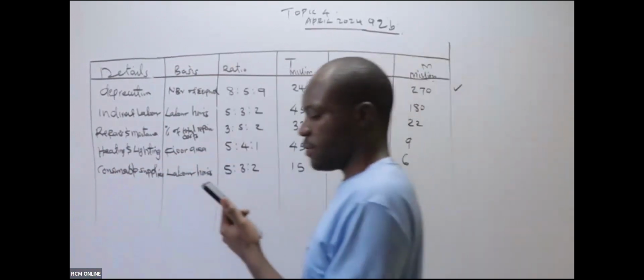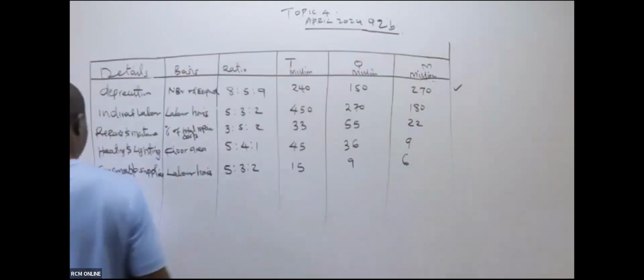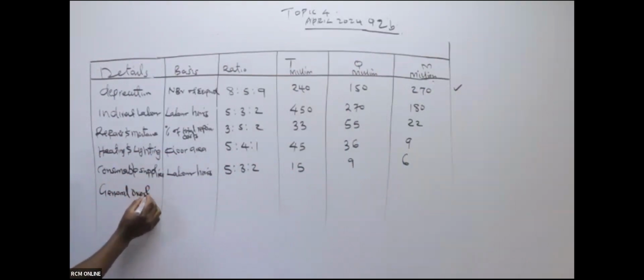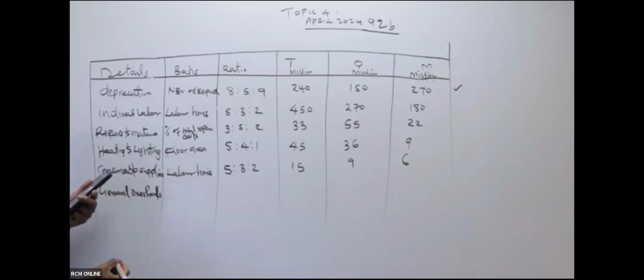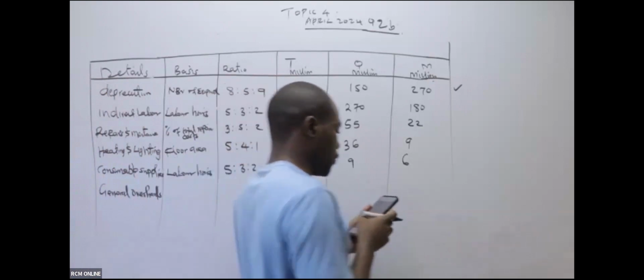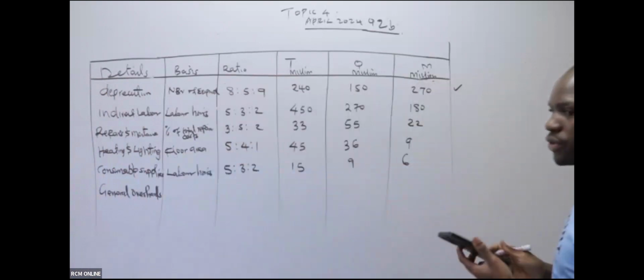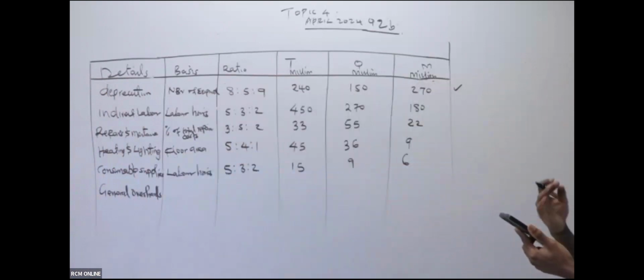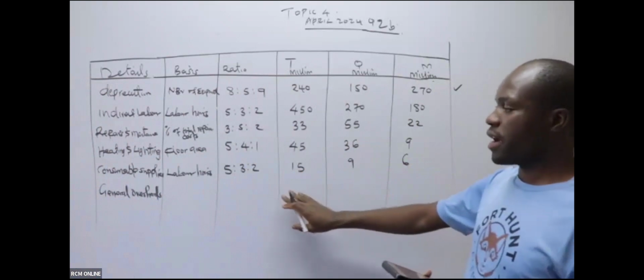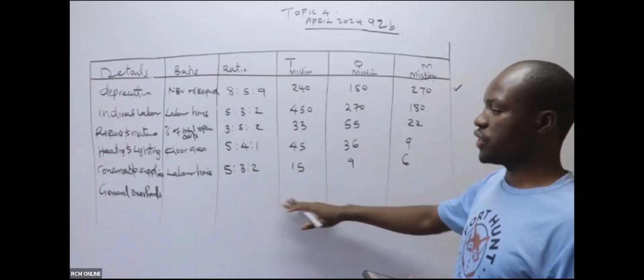And the last item there is general overheads. General overheads, we are told, should be 20% of direct wages cost of each department. So look at how the examiner is trying to twist this concept. They are telling us that general overheads don't have a specific amount which you are going to distribute.